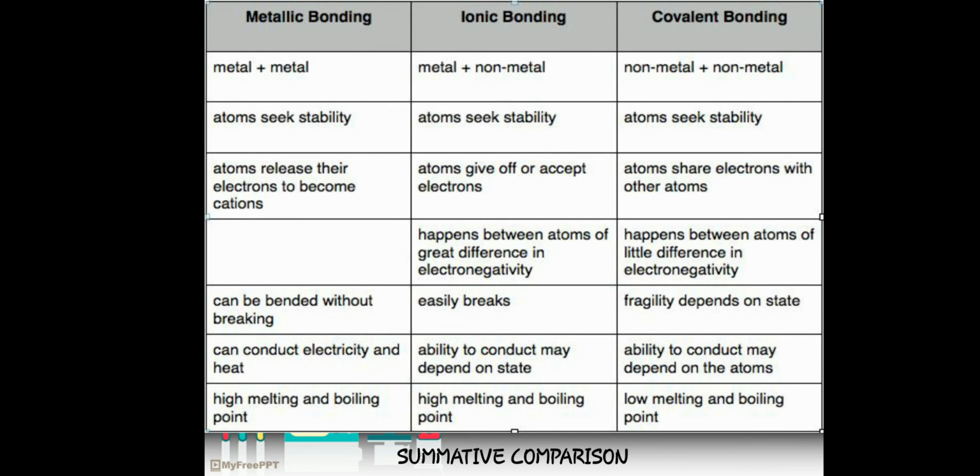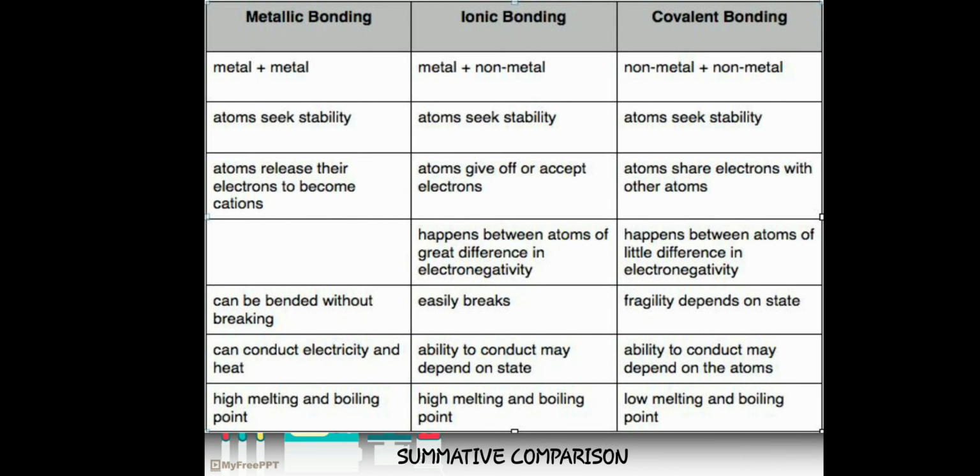In metallic bond, atoms release their electrons to become cations. In ionic bond, atoms give off and accept electrons. Of course, it's either give or accept. In covalent bond, atoms share electrons with other atoms. So always remember that metallic bond will release an electron to become a cation, ionic bond always gives or gains or accepts an electron, and covalent bond always shares electrons.